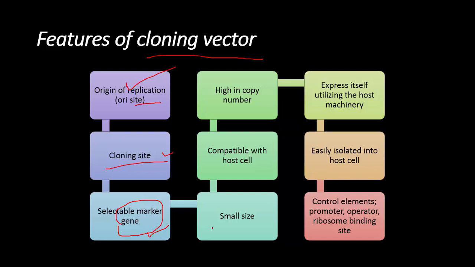Cloning vectors must be of small size, compatible with the host cell, and in high copy number. They express themselves utilizing the host machinery and are easily isolated from the host cell, and they must have these three regions: promoter, operator, and ribosome binding site.